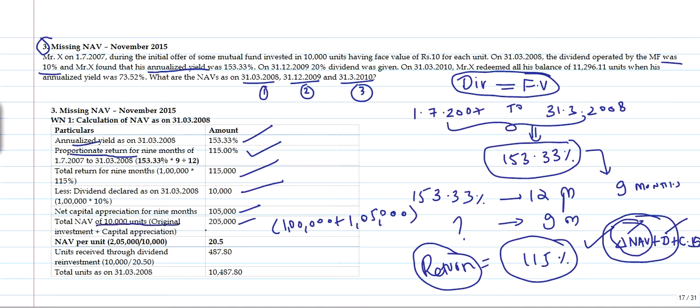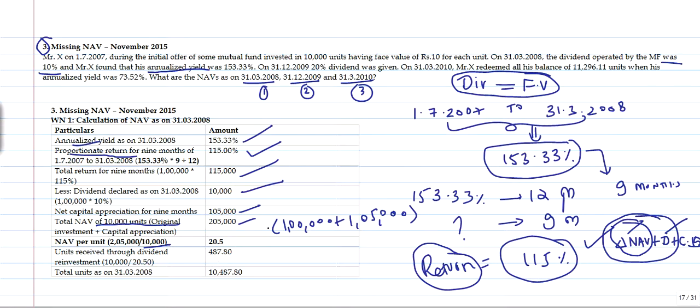So total NAV 2 lakh 5,000 divided by 10,000 units, you will get the NAV per unit as on 31st March 2008.